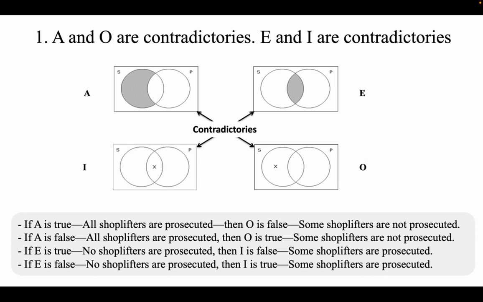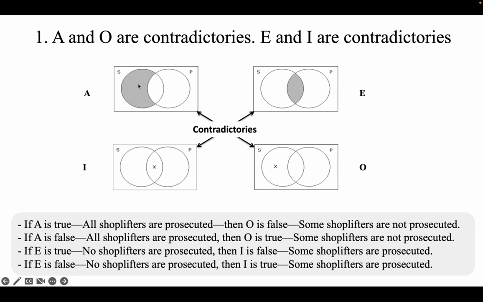Now, I don't want to jump the gun, but contradictories are the only relations that are preserved in the modern square of opposition, and let me show you why. So now that we have removed the X's from the universal statements, remember that now we read the universal statements as hypotheticals.